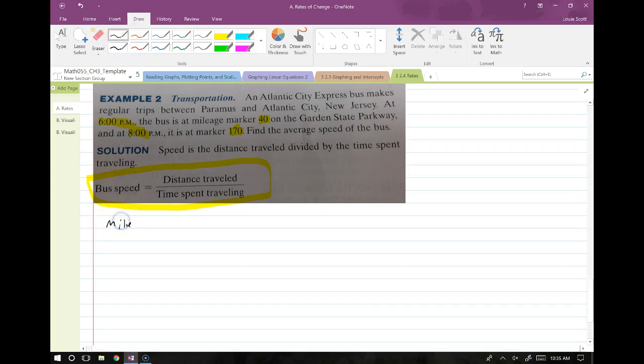So, miles over hours. How many miles did we travel? Well, we ended at 170 and we started at 40. That means we traveled 170 minus 40 miles.